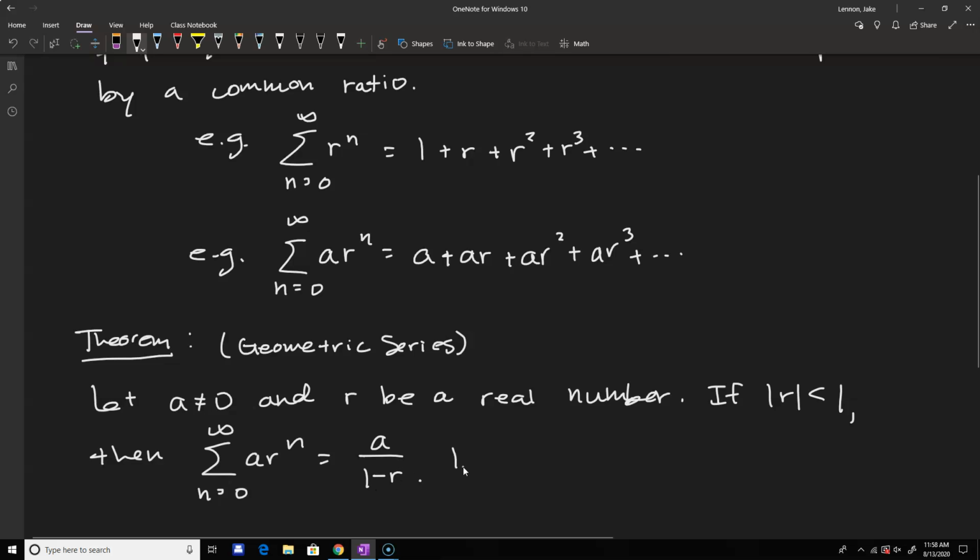And if the absolute value of r is 1 or bigger, you're going to be adding numbers that continue to grow or at least stabilize, and in that case, the series diverges.